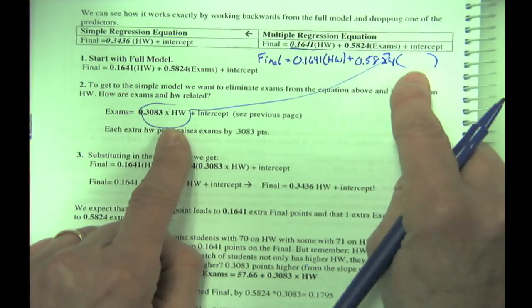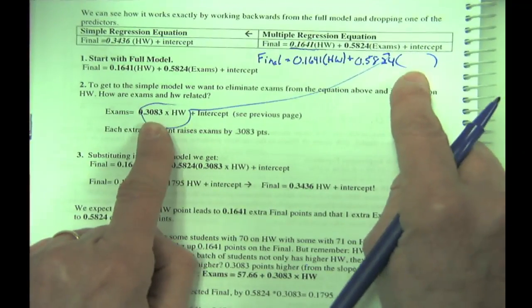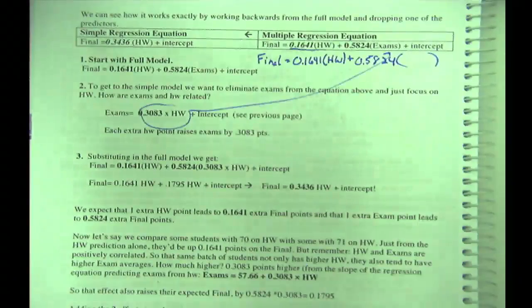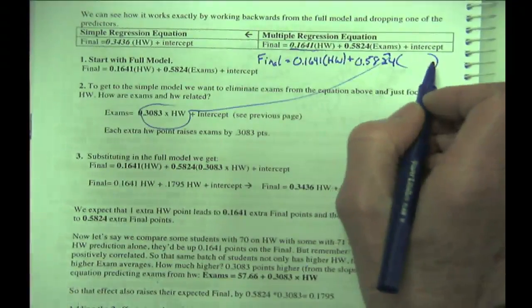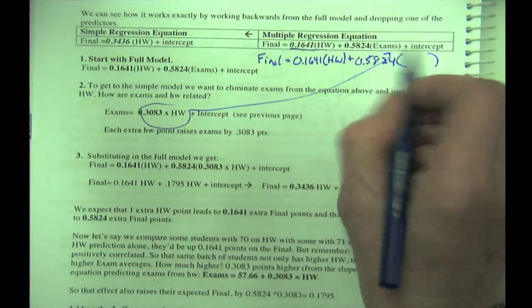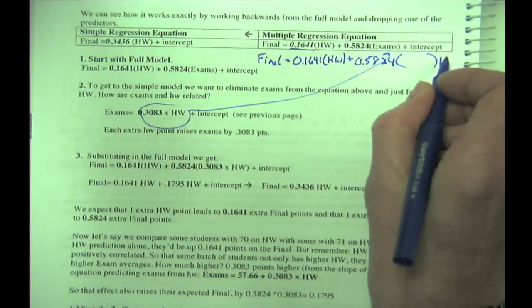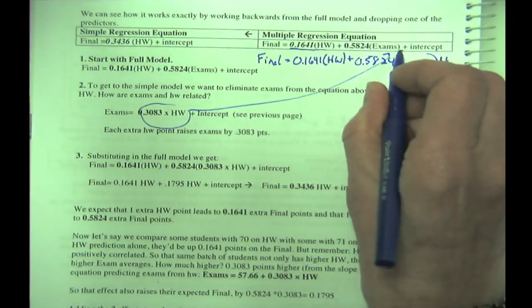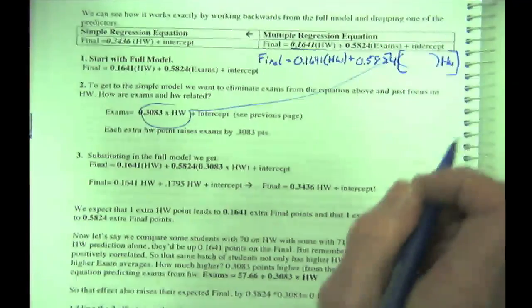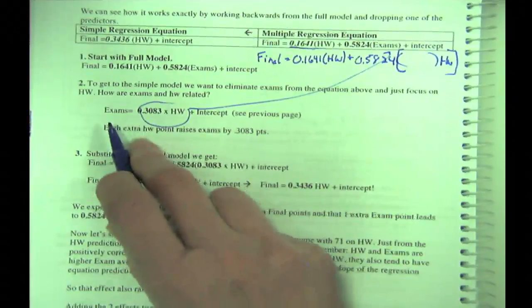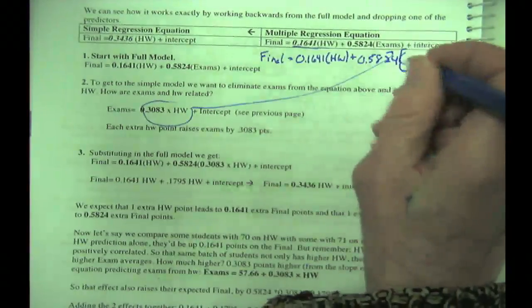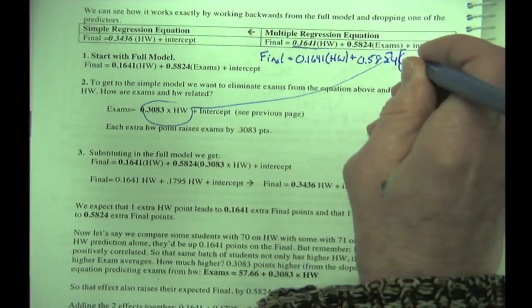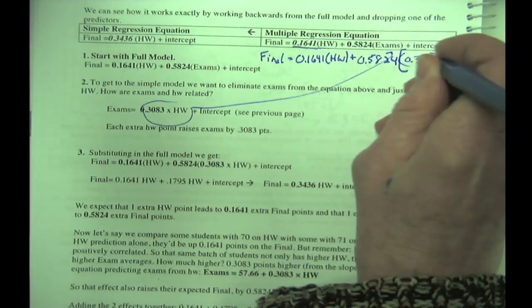So now what should I put in? Instead of exams, I want something written in homework. And so this is what exams equals. So I can just stick that in. So I will, 0.3083.